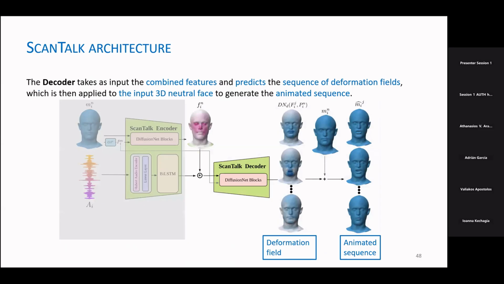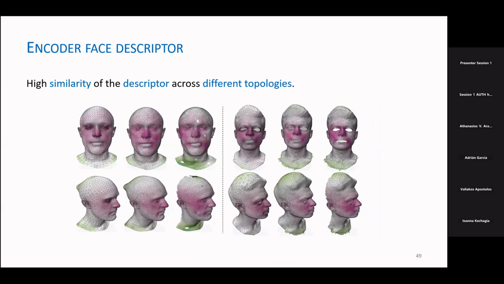And then once we have encoded this information, we again have a decoder that, starting from the deformation field, can add it to the neutral mesh and animate the sequence. And here you can see the capability of this descriptor to be robust across different topologies.